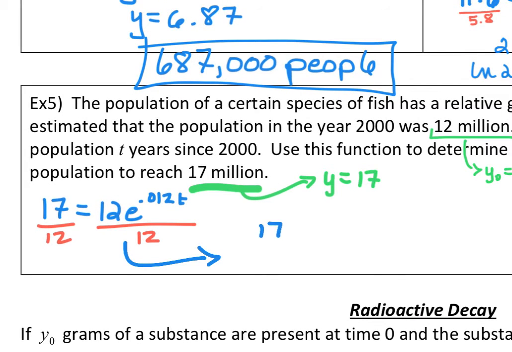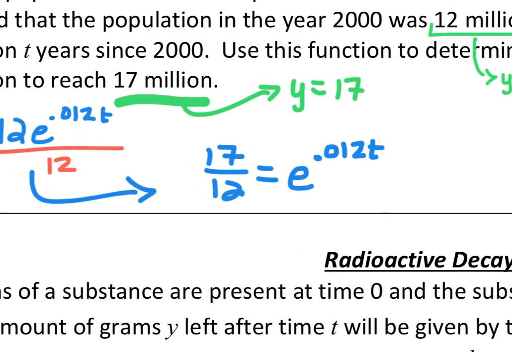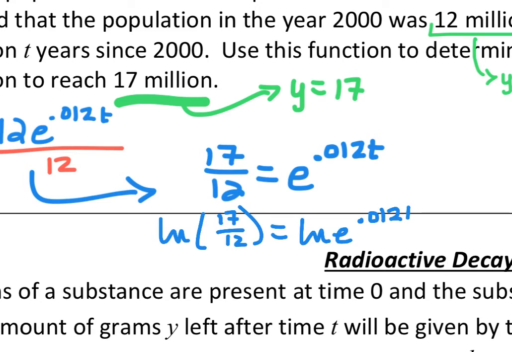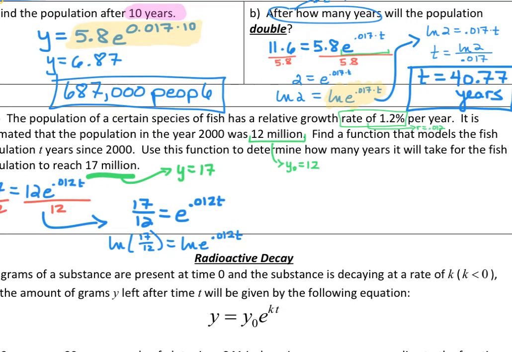And so now you have 17/12 equals e to the 0.012t. Leave 17/12 together, because now you're going to take the ln of both sides, ln of 17/12, and you're not going to change that to a logarithmic subtraction or anything. Your goal is just to get that exponent with the t in it, not as an exponent.